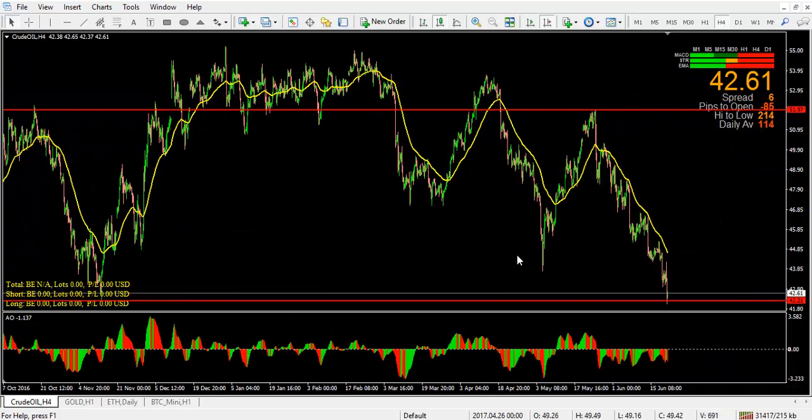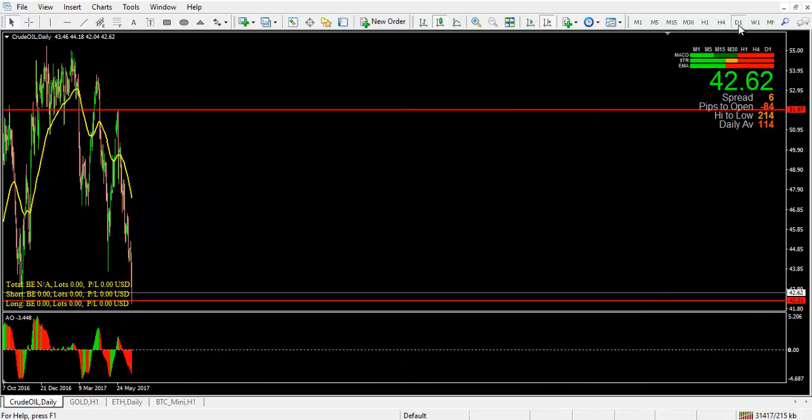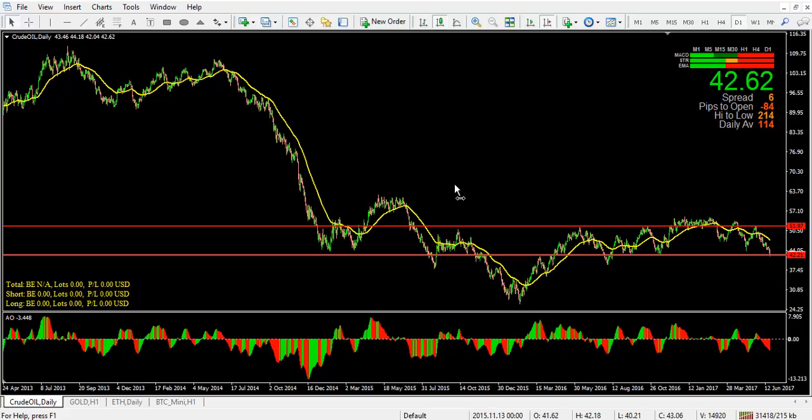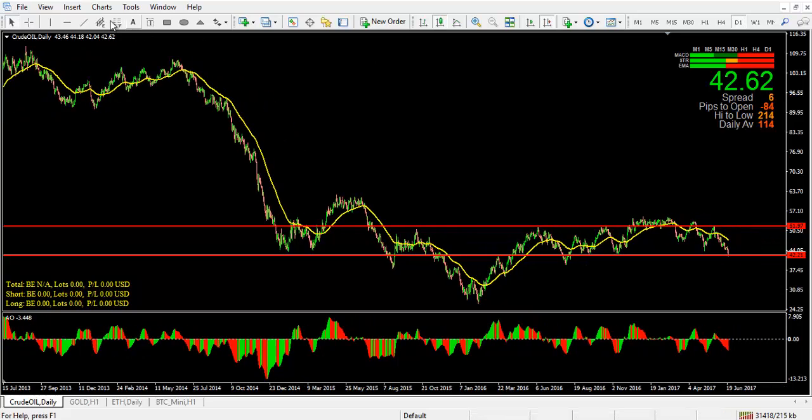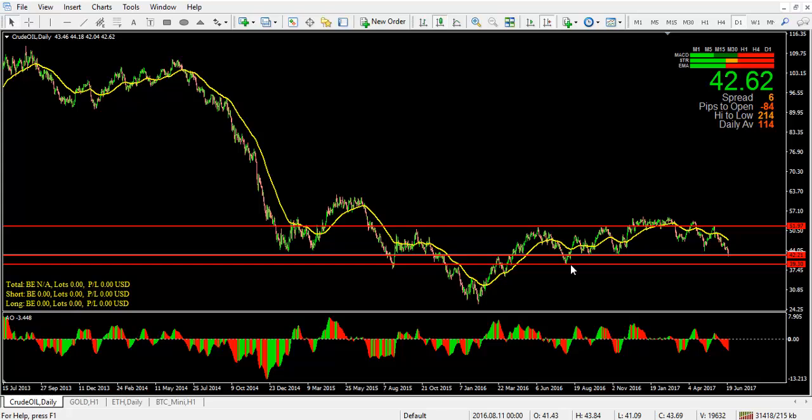So we know our recent resistance, and we know our next upcoming support. Let me quickly go to the daily chart. Now another support, we've got it at 39.30, and we've got 25.79.